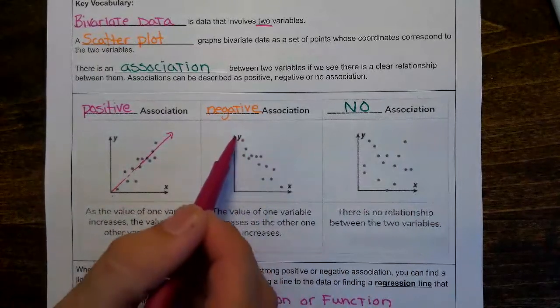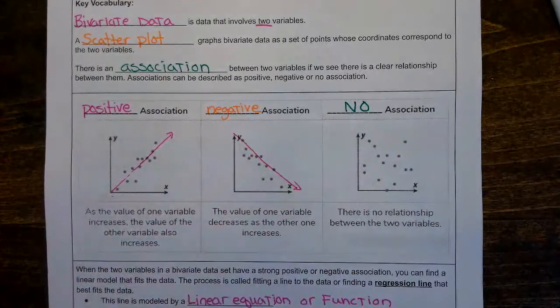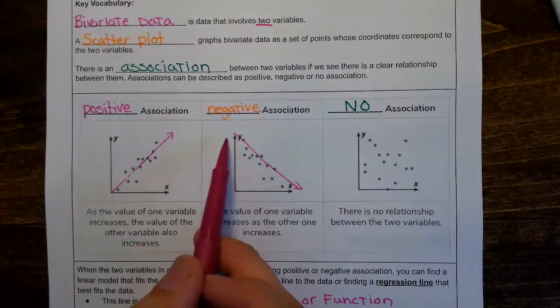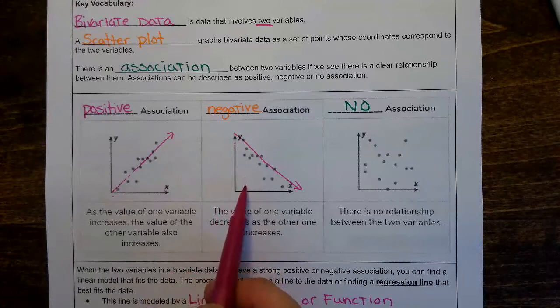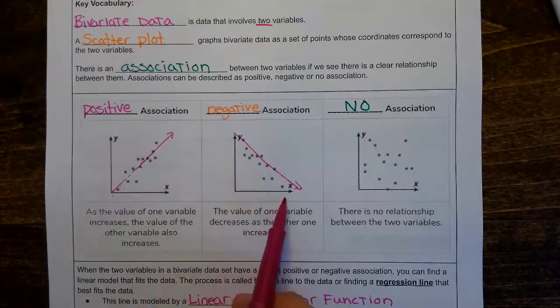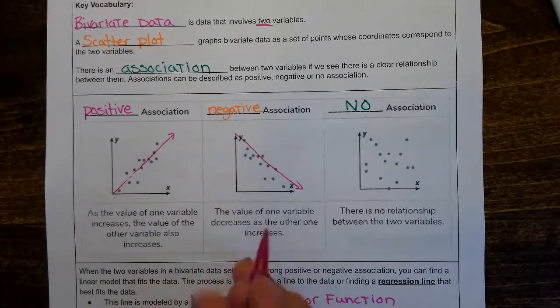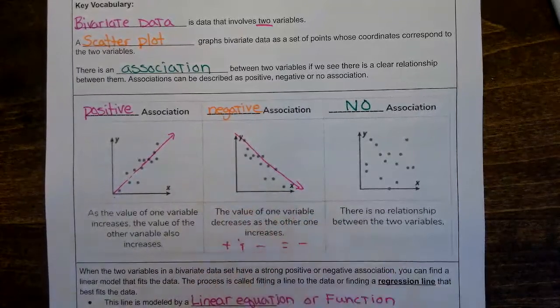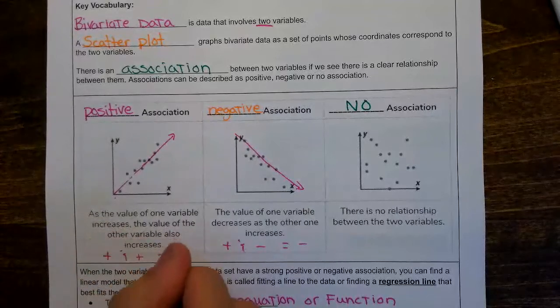That's where we start up high, and it's going down low like that. So basically, what this one is saying is, as we go down on the y, our x is actually increasing. So the value of one variable decreases as the other increases. That's a negative. Think of it like a positive and a negative makes a negative. Here, a positive and a positive makes a positive, right?